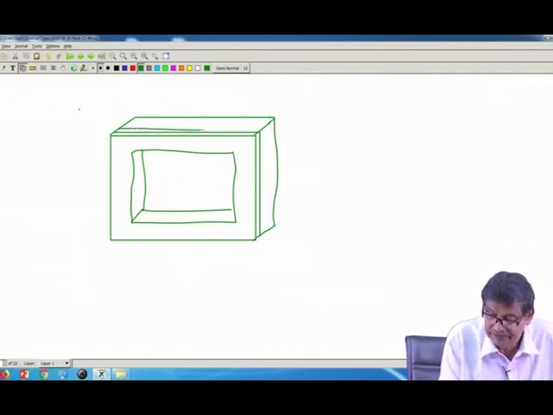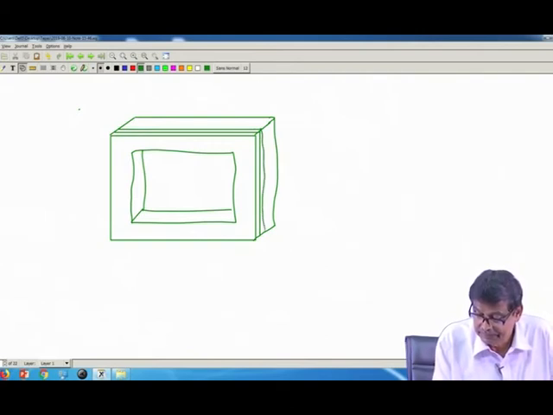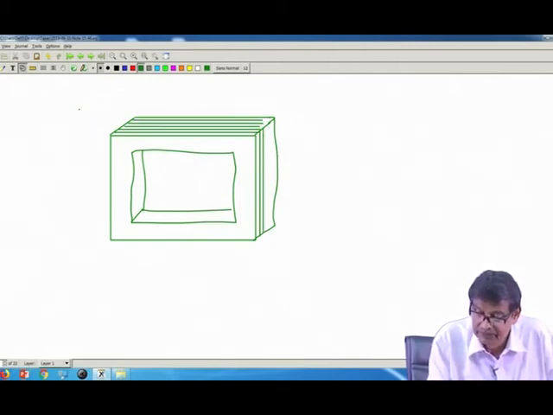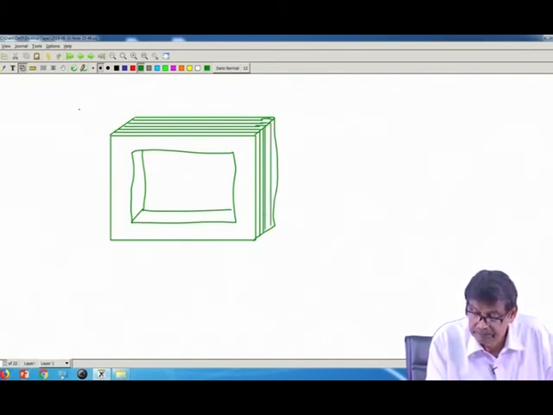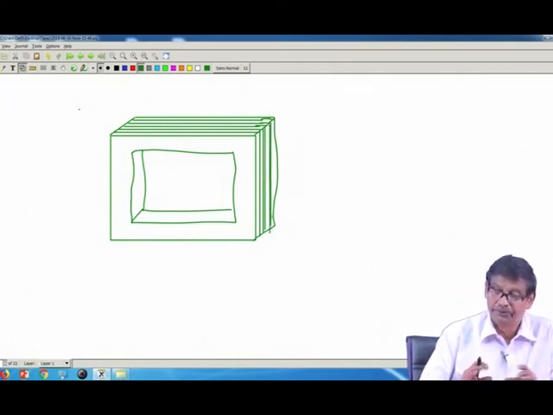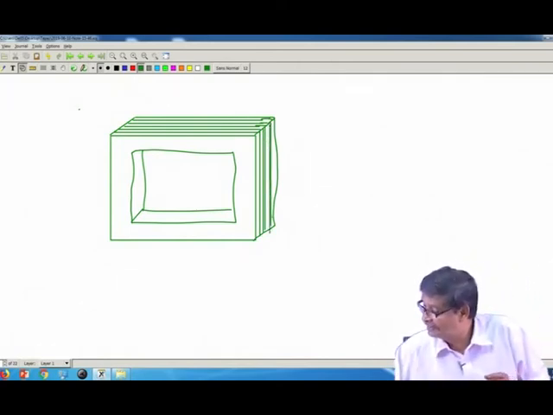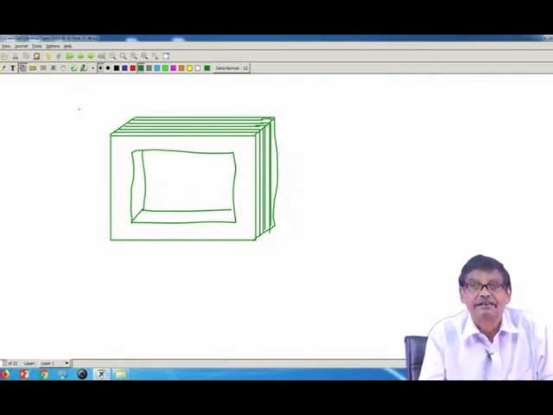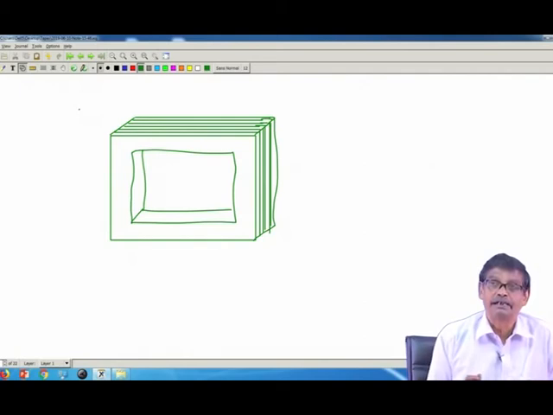Another plate, another plate, another plate. You stack many plates together and form a core material like this.